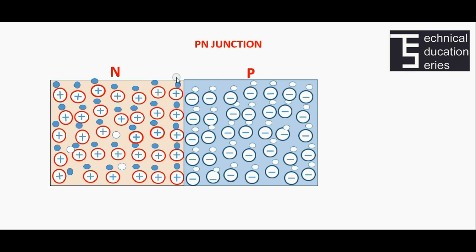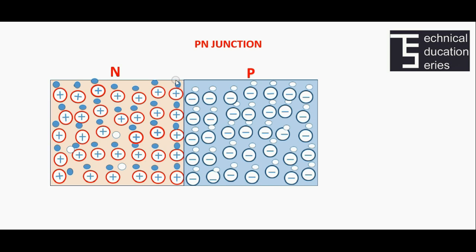The electrons diffused to the P region will combine with the holes available in the P region. Similarly, holes diffused to the N region will combine with the electrons available in the N region.